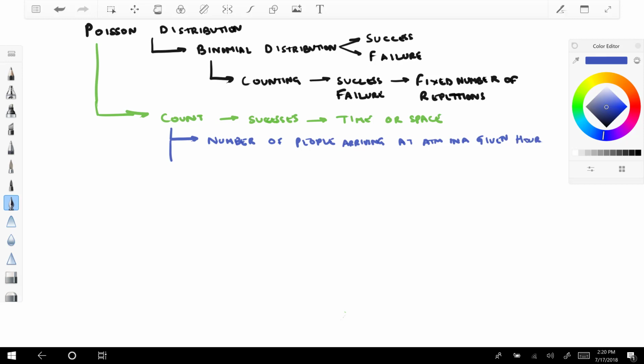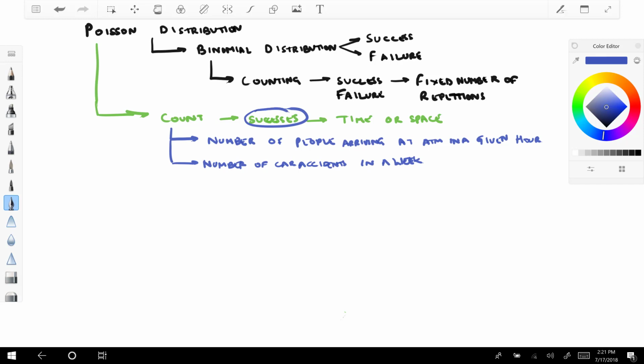Another example can be the number of car accidents in a week. In a Poisson distribution, the success is not necessarily a positive one.